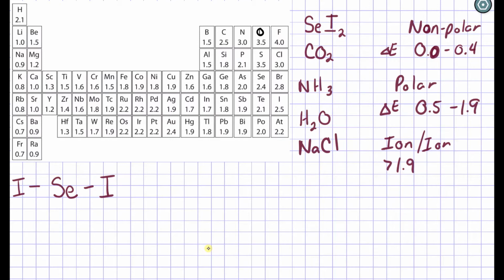With our bonding regions and our lone pair regions, we've got 2 lone pair regions, and when we make our imaginary box, we've got 2 bonded and 2 unbonded. That's going to make it bent. So we do need to remember that.